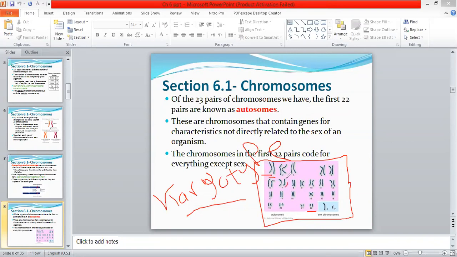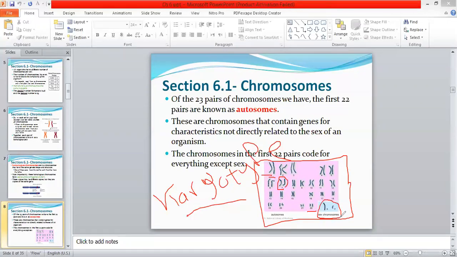But the scientists want to separate the autosomes and sex chromosomes, so it lies at the end of the karyotype.